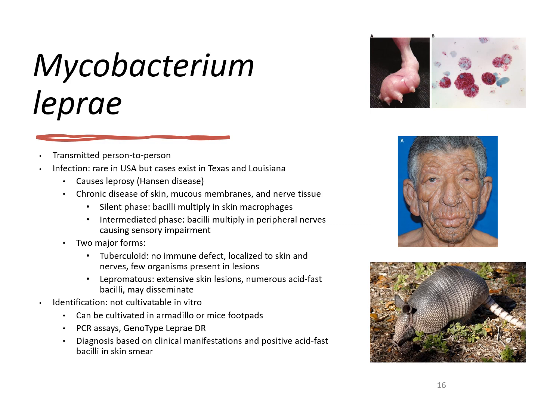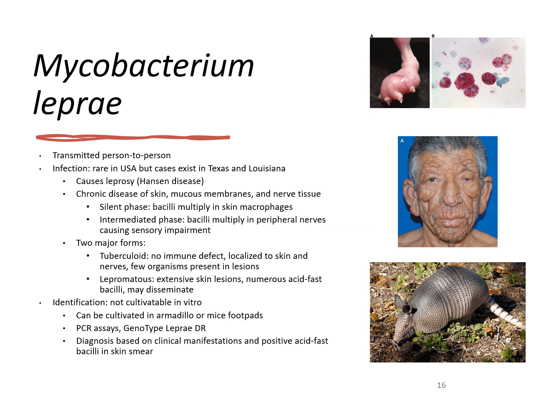There are two forms. The tuberculoid form has no immune deficit, so it is localized just to the skin and nerves, and very few organisms are present in those lesions.